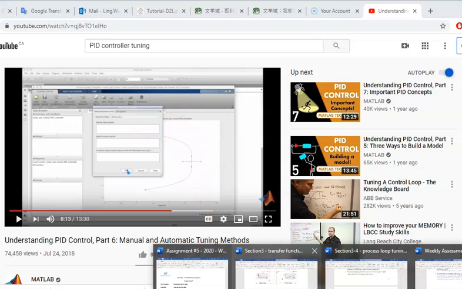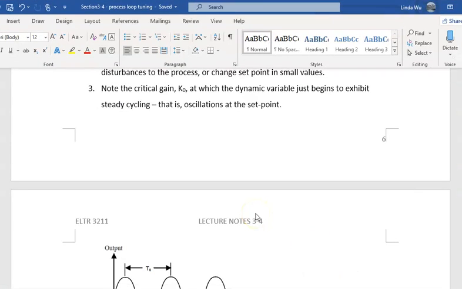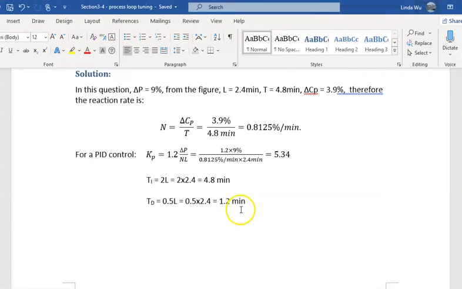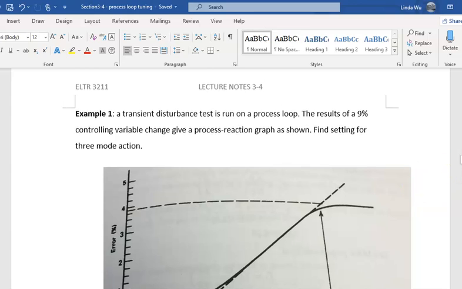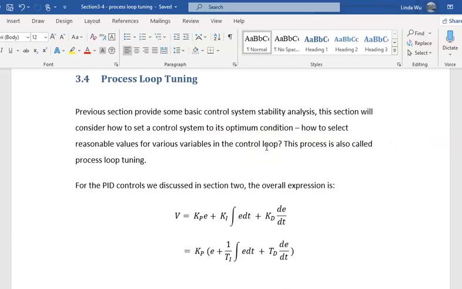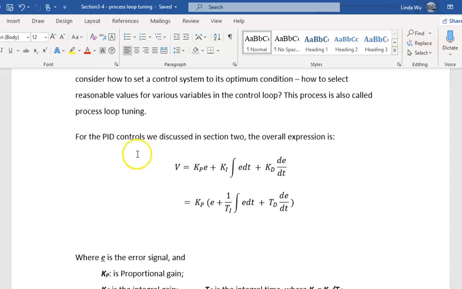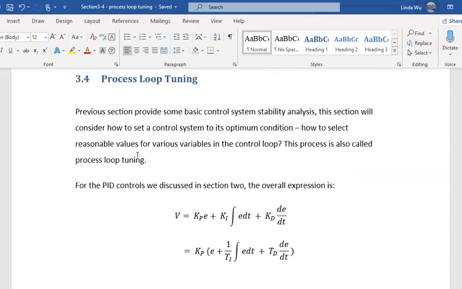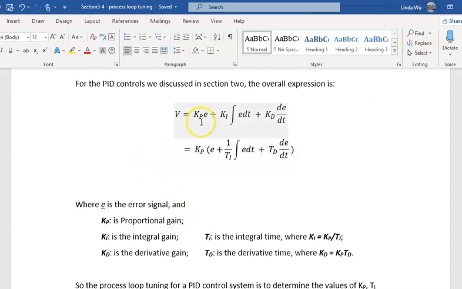And let's continue with the last topic, section 3.4, process loop tuning. Because this video is limited to 15 minutes, we will just go through this section quickly. For a PID controller, we have proportional, integral and derivative control, or we write it into this expression.